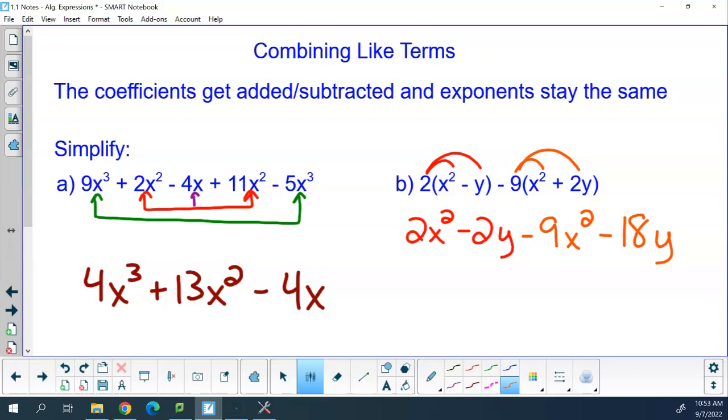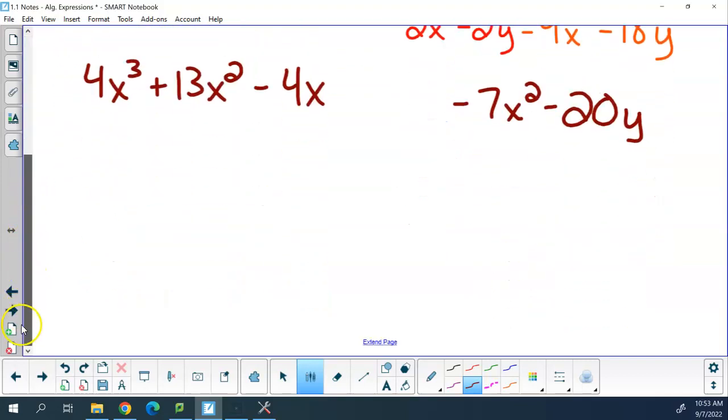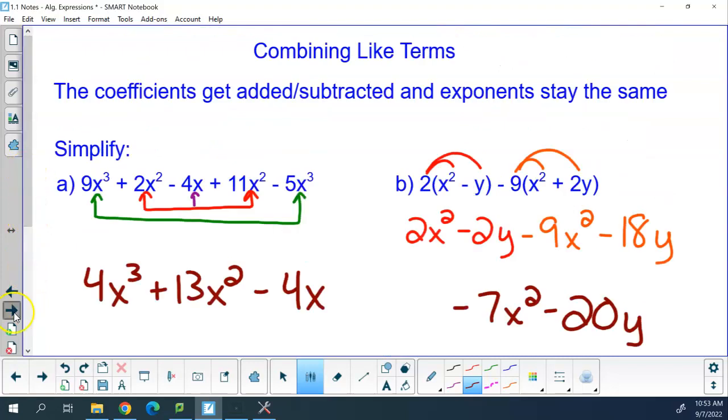And then those can be combined to be negative 7x squared minus 20y. I can't go any further because they're not alike.